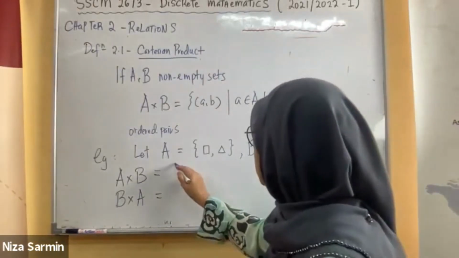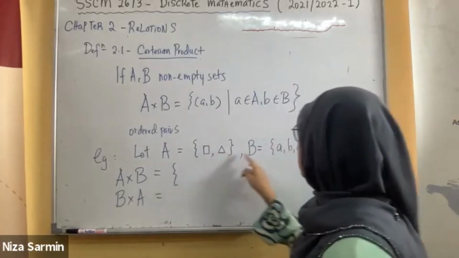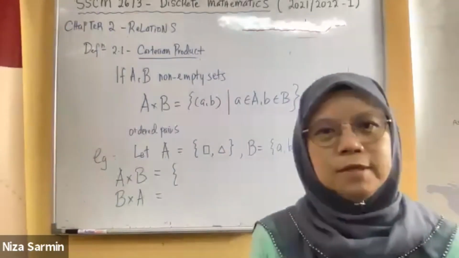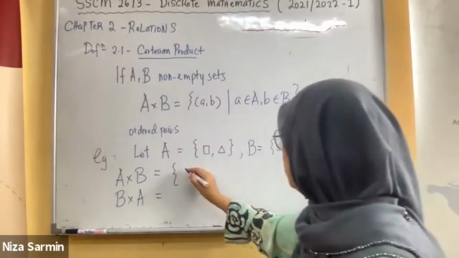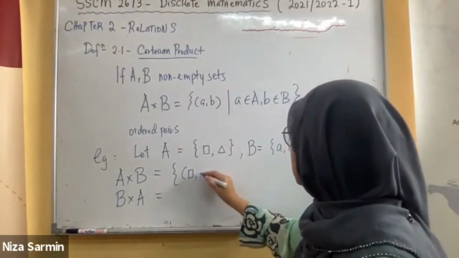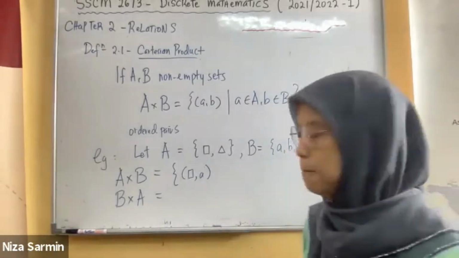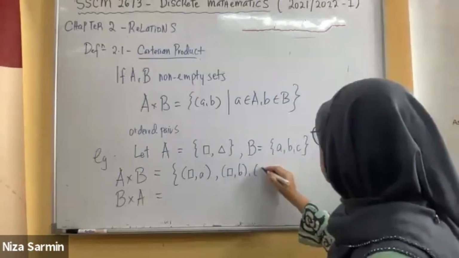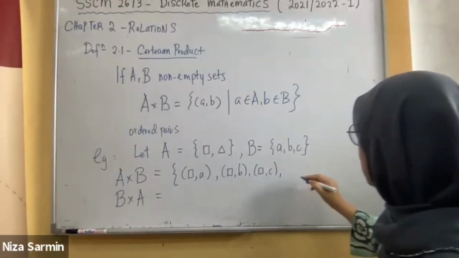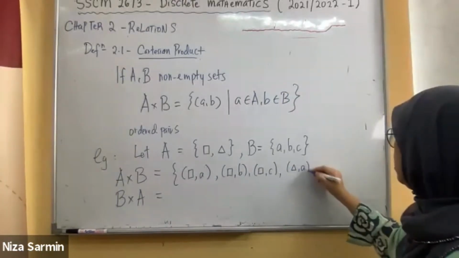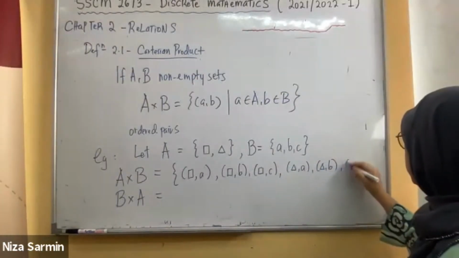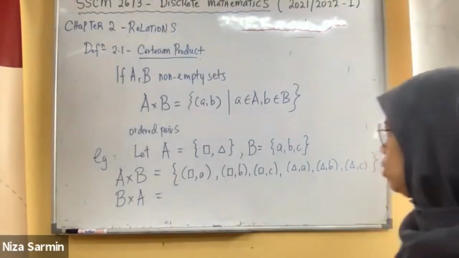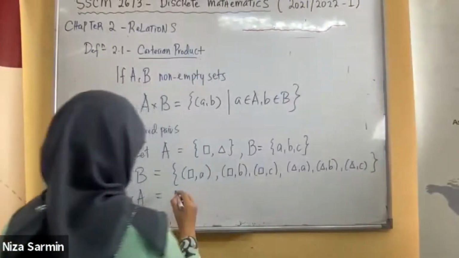So A cross B, there are 2 elements here and 3 elements here. So there are 6 elements, yeah? There are 6 elements. And the first one has to be from A, the second one has to be from B. So I can go with the square, and then I start with the triangle. And B cross A, you have to start with the letter.